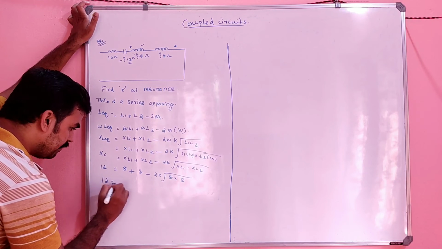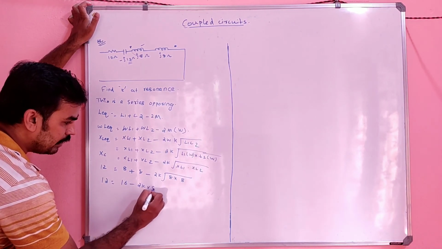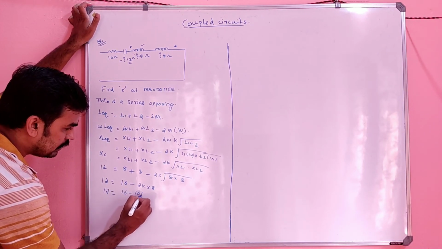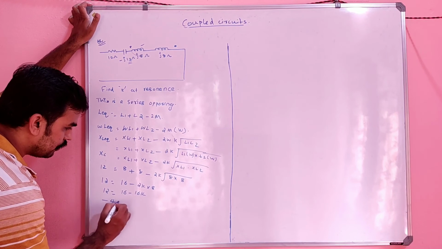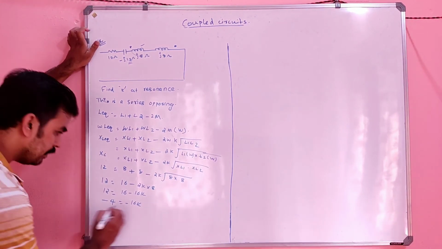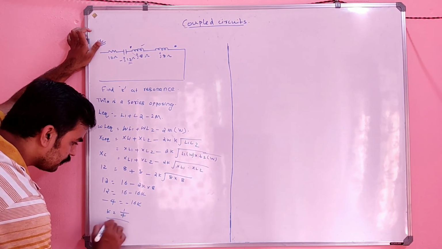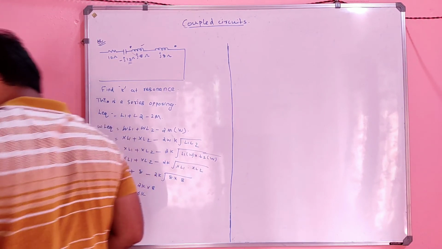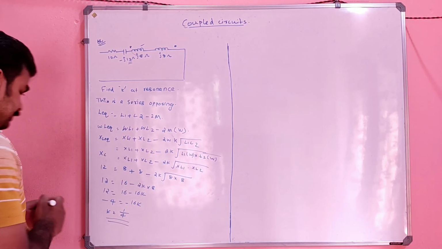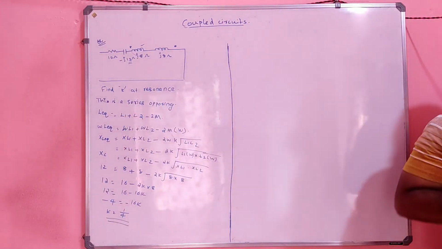So 12 equals 16 minus 2K into 8, or 12 equals 16 minus 16K, or minus 4 equals minus 16K. K is equal to 1 by 4. That is the answer.